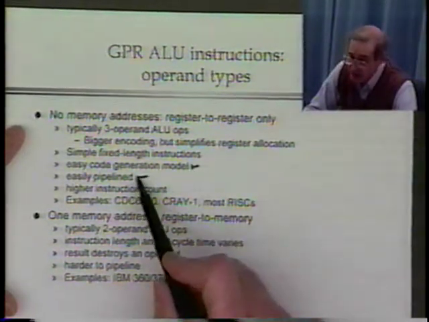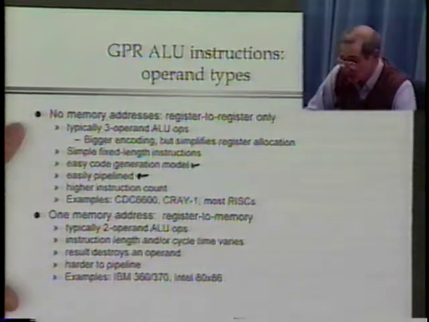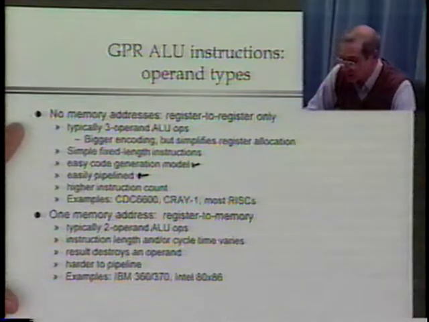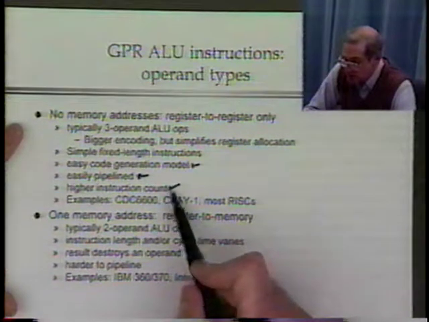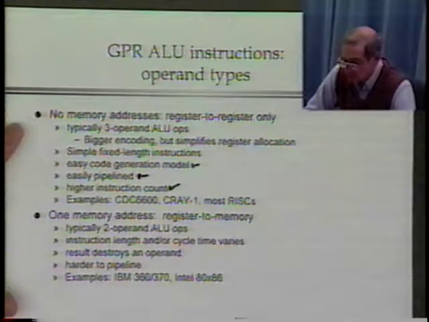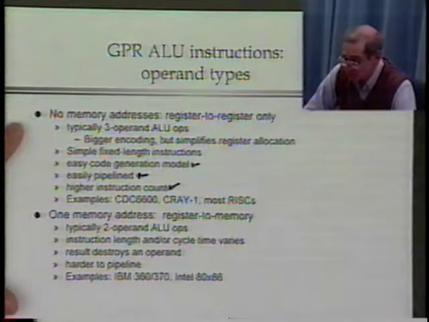And as we'll see later, it makes it very easy to pipeline the computer, which is a technique we'll look at in detail for speeding up the execution. The downside is that there's a higher instruction count, typically, because you need to have a separate instruction to load the memory operand into the register.